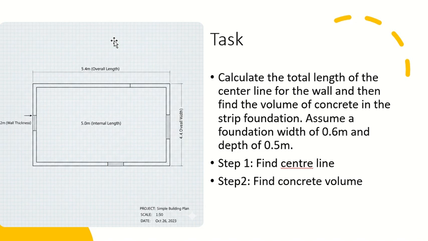If I go with external girth, I will do 19.6, then less, 4, 2, half. What is the wall? It's gonna be 18.8.